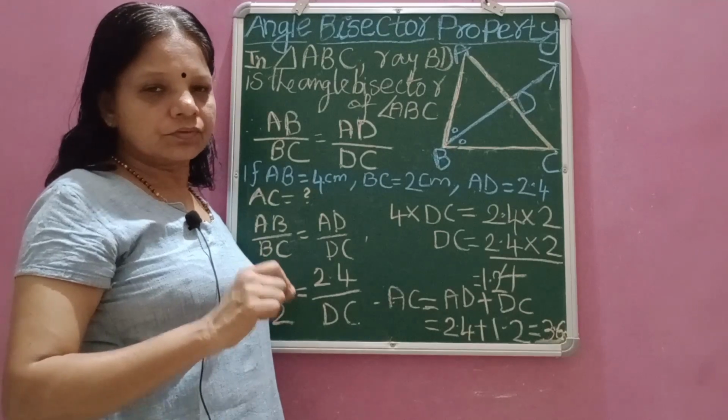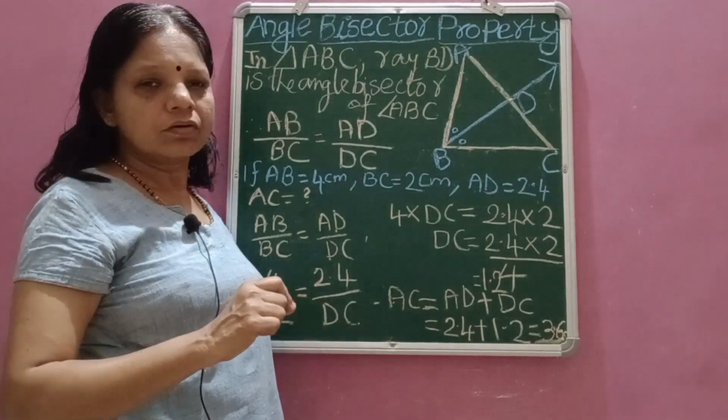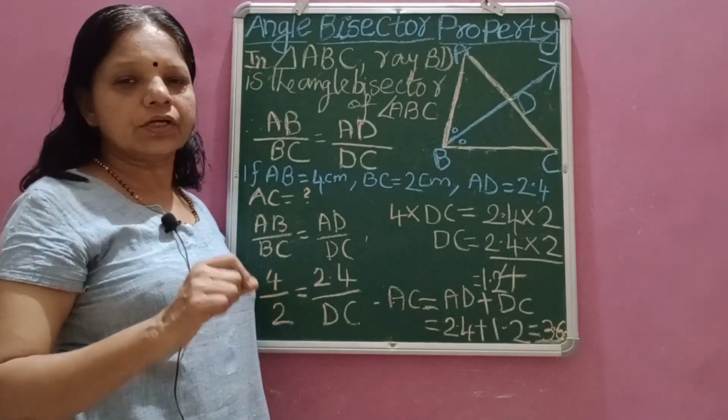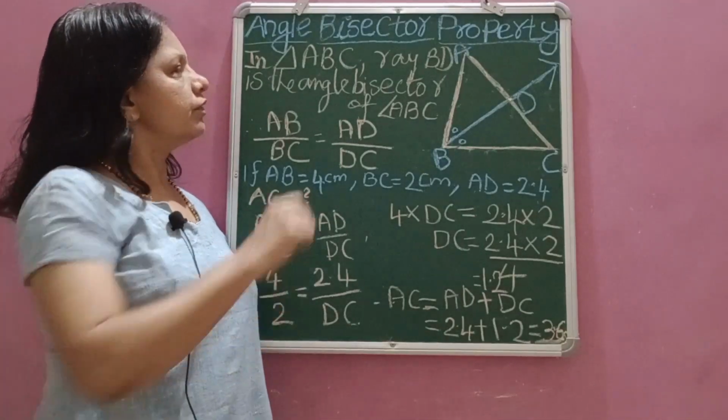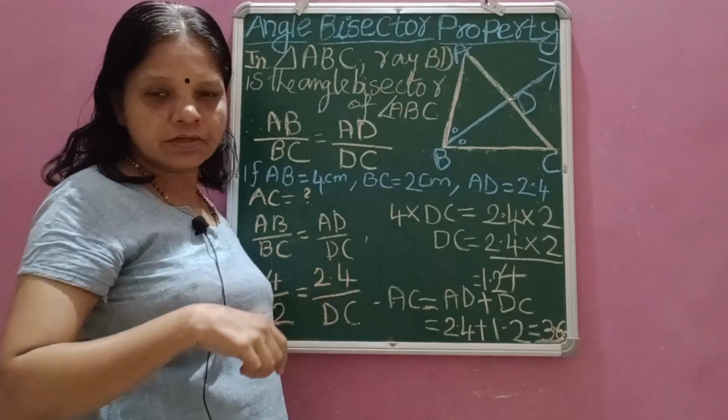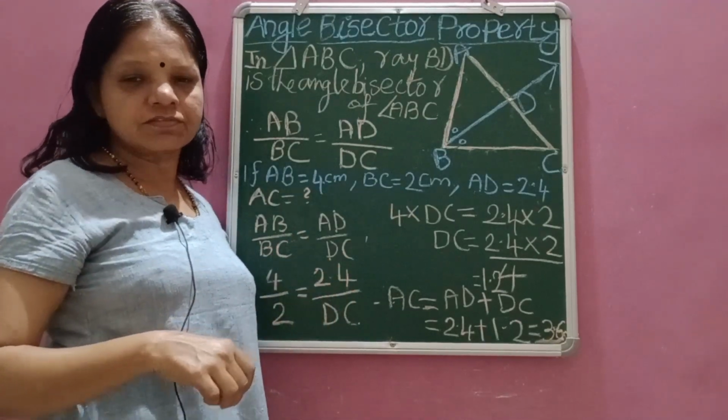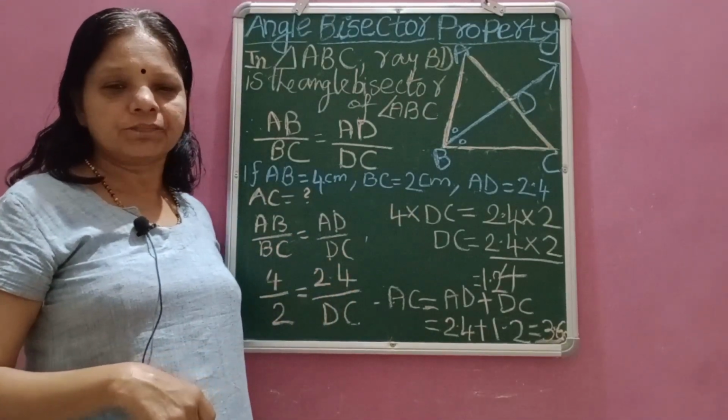Clear? So what is this ratio? The ratio of the remaining two sides. This property is known as the angle bisector property. So how will you state this property?